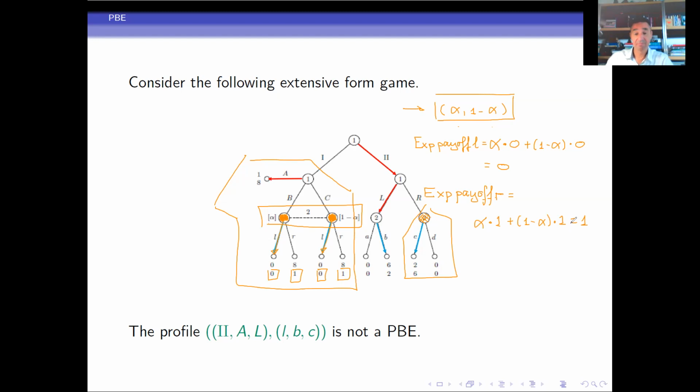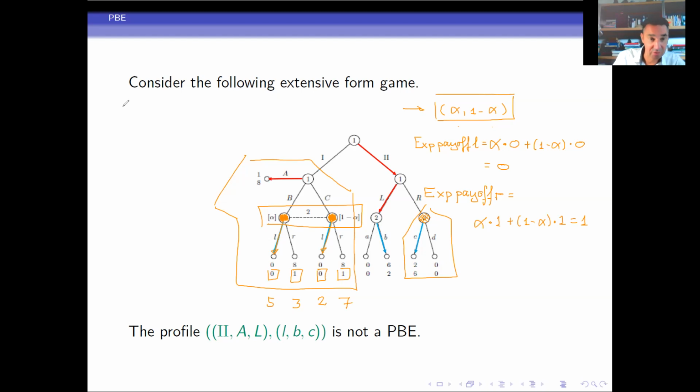whether you are in one node or the other. But you could, of course, imagine that you could do the same if the payoffs would be 5 over here and 2 over here, and let's say 3 over here and 7 over there.